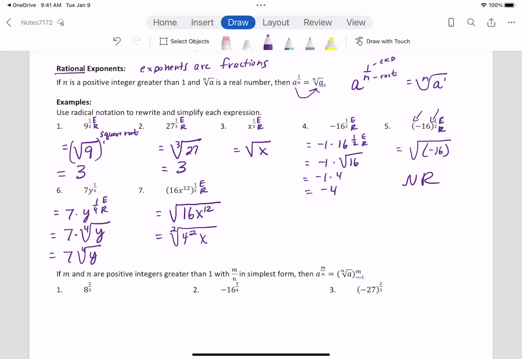And then x, we need a power to the second. So we need to know 2 times what gives me 12. And that's going to be 6. So then we can cancel the index and the exponents that are the same. And this leaves me with 4x to the 6.